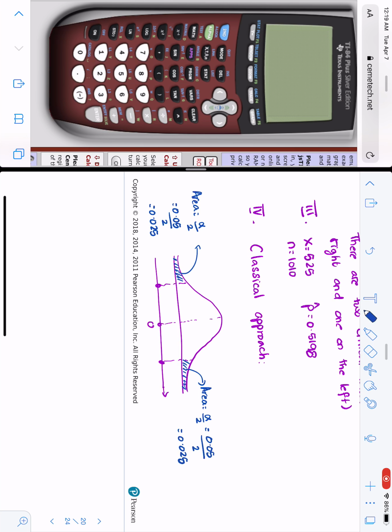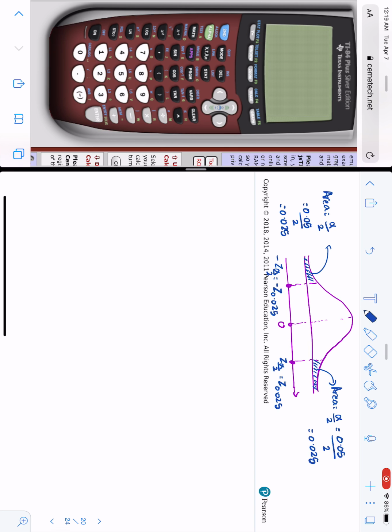So that number on the left hand side would be negative z sub alpha over 2 or negative z sub 0.025, and on the right it is z sub alpha over 2 or z sub 0.025.